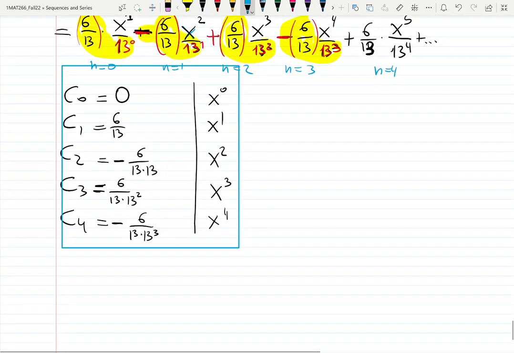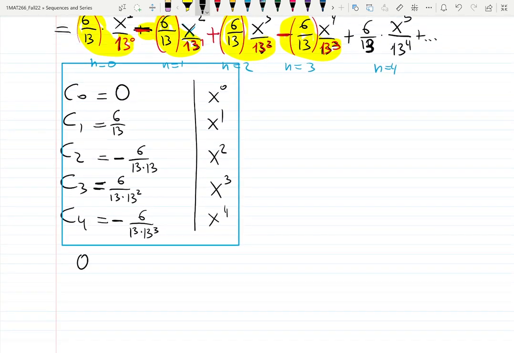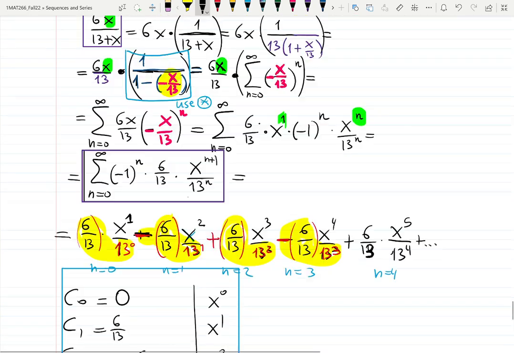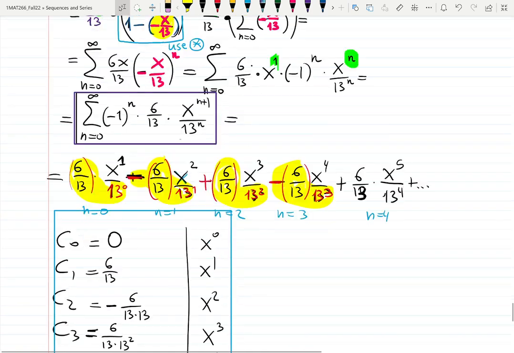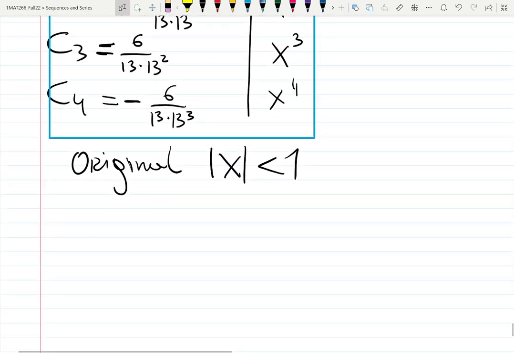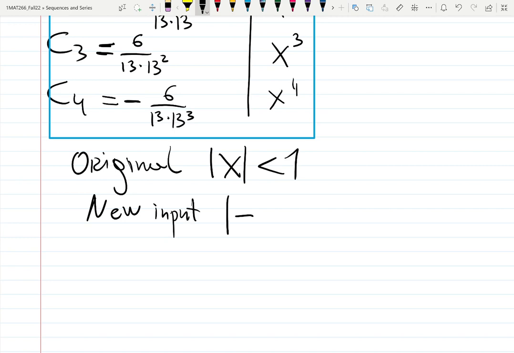We were working with the geometric series function. The original restriction was that the absolute value of x should be less than 1, but that was the original input. My new input changed to minus x over 13. The new input, absolute value of minus x over 13, is less than 1.